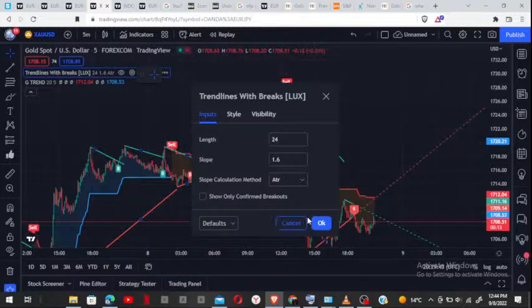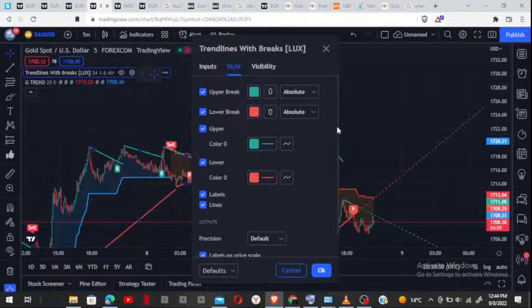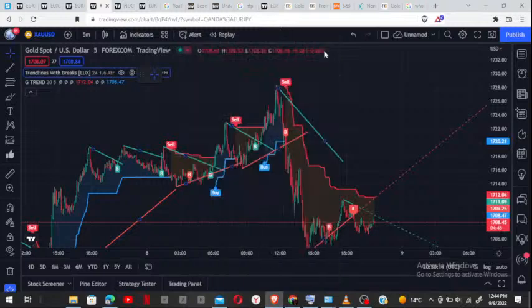So once you've done that, you can come to style, change the colors, choose the most preferable colors for you. If you want to go with blue and purple, you can just choose. As long as you understand what's happening in your charts, nobody will ever question you, and you yourself will never question yourself. So you can label the prices, just check whatever you want to check, then you come over here and click OK. So once you've done that, you're good to go.